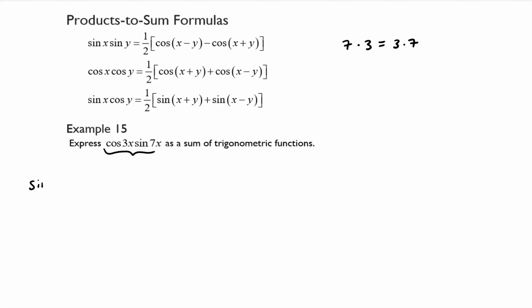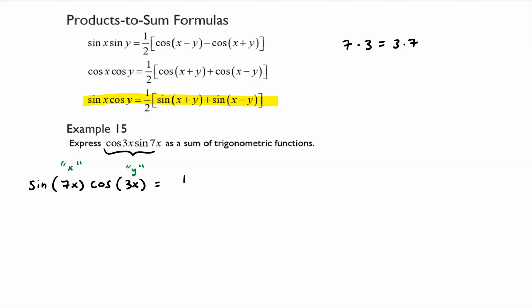So in multiplication, we can rearrange the order. So I will write that as sine of 7x times cosine of 3x. And now that becomes useful because I can utilize this third identity here where 7x is our x value and then 3x is our y value.